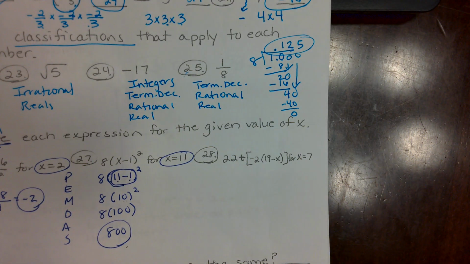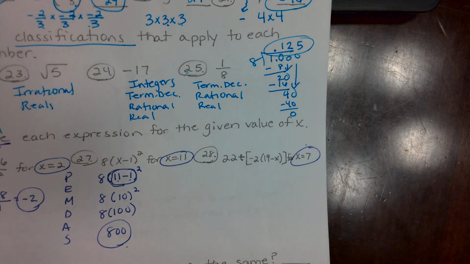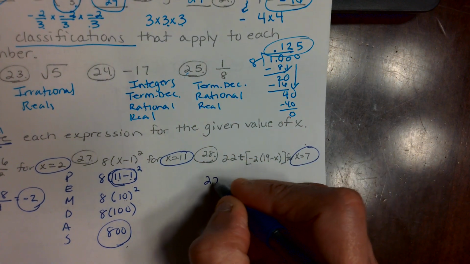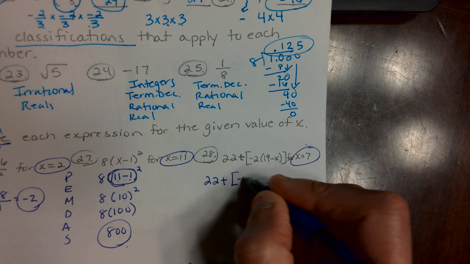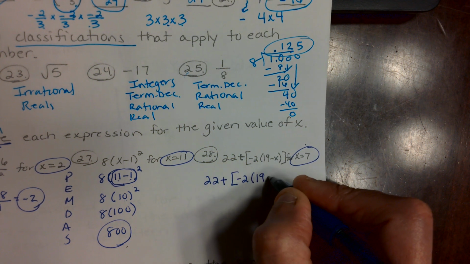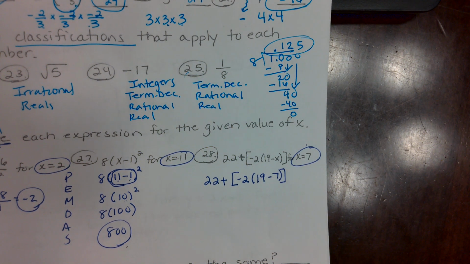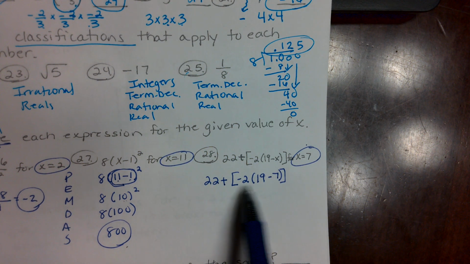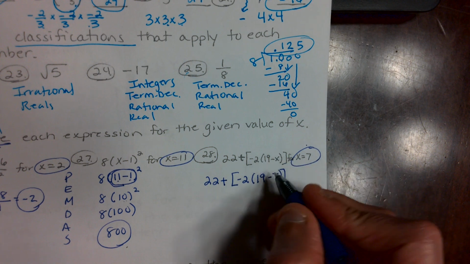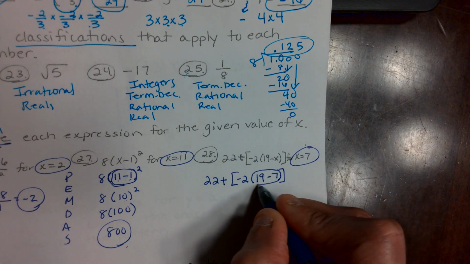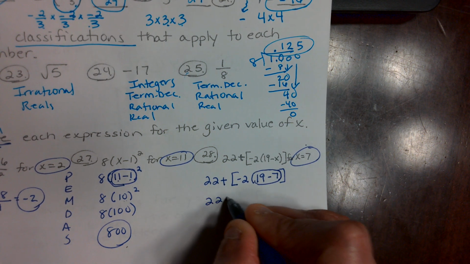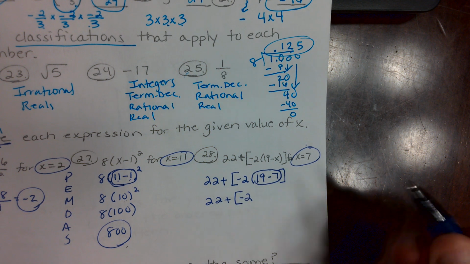And 28. X is 7. So let's go in there. We got 22 plus -2 times 19 minus 7. All right, we got a bunch of things here. So we got a bracket and we have a parenthesis. So go on the innermost parenthesis first. I'm just rewriting.